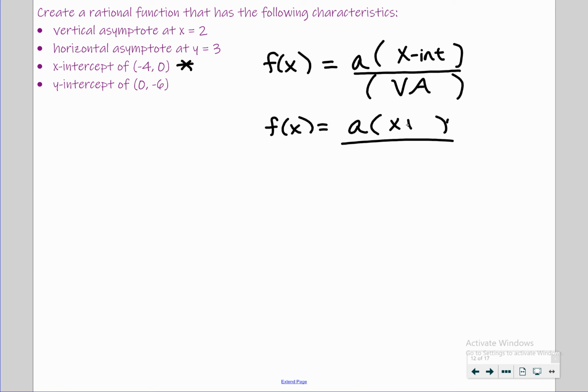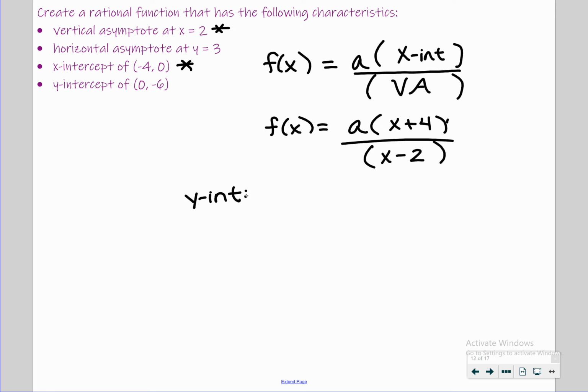X plus 4. Okay. If I want to have a vertical asymptote at 2, what needs to be in the denominator? X minus 2. Okay, I use that, next, I would use my y-intercept.